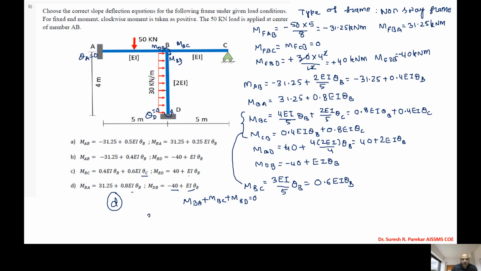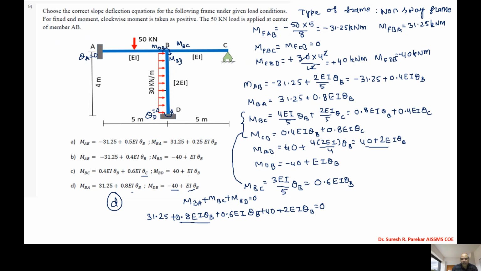MBA we have 31.25 plus 0.8 EI theta B. MBC we have calculated directly as 0.6 EI theta B. Then MBD is 40 plus 2 EI theta B, and that is equal to 0.